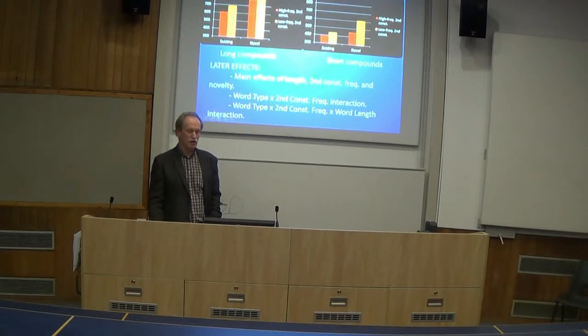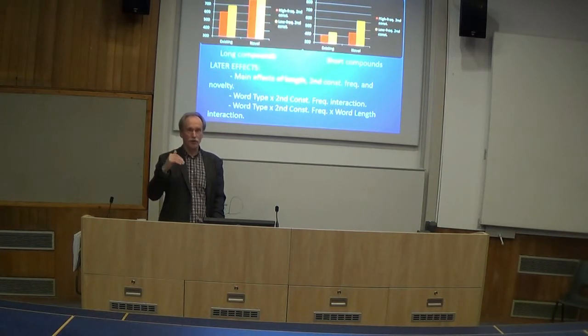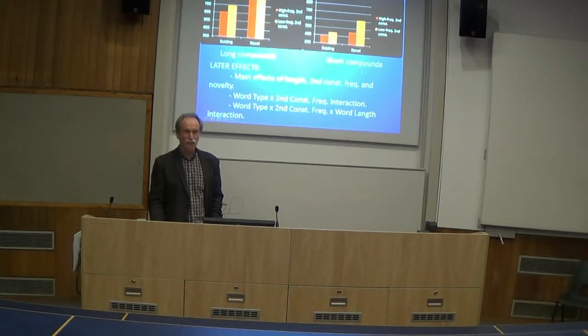The two-way interaction between word type and second constituent frequency suggests that, as with the previous study, you get a bigger constituent frequency effect for the novel ones than the existing ones. And the three-way interaction suggests that it's particularly the case for the short ones.